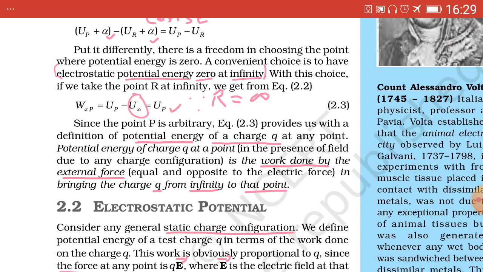Again I repeat, the potential energy of charge q, that is small q, is the work done by the external force in bringing the charge q from infinity to that point.